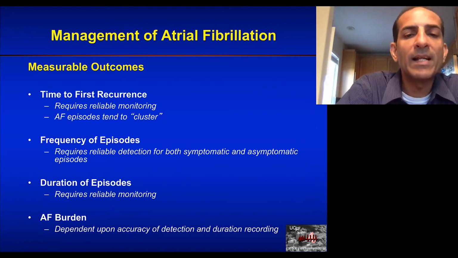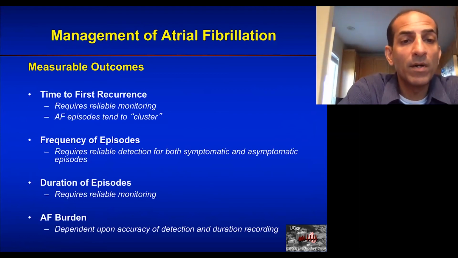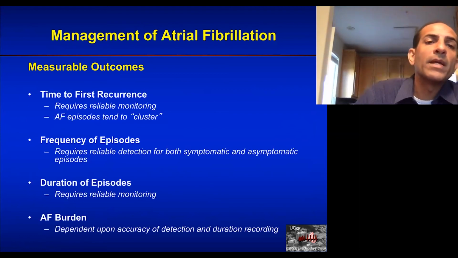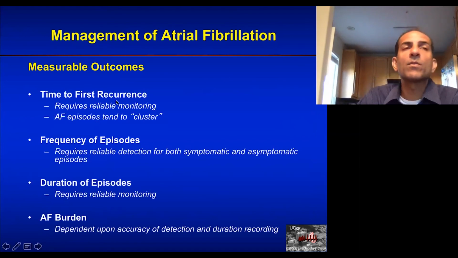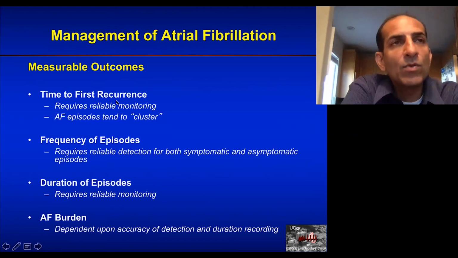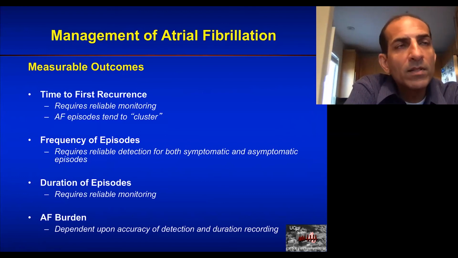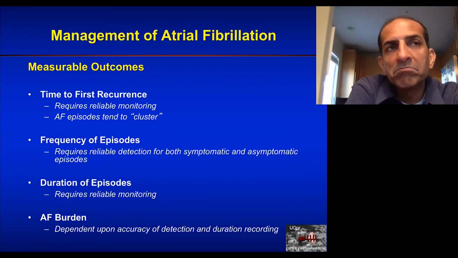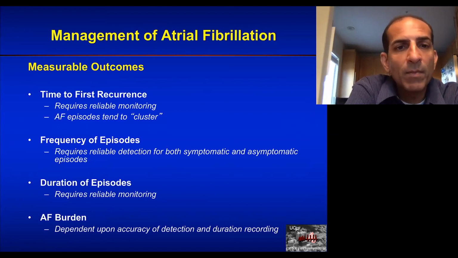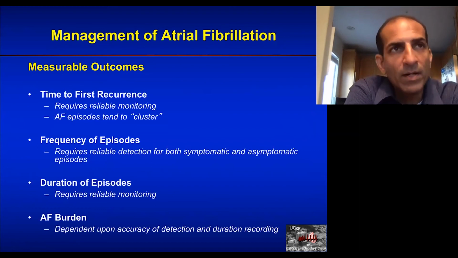It's not completely eliminating it, but decreasing the burden. So it could be you decrease the time to first recurrence, which means the patient was having episodes 3 to 4 times a month. Now, with this drug therapy, they maybe have episodes once in 2 to 3 months. So that would be called a success, even though they still have atrial fibrillation.